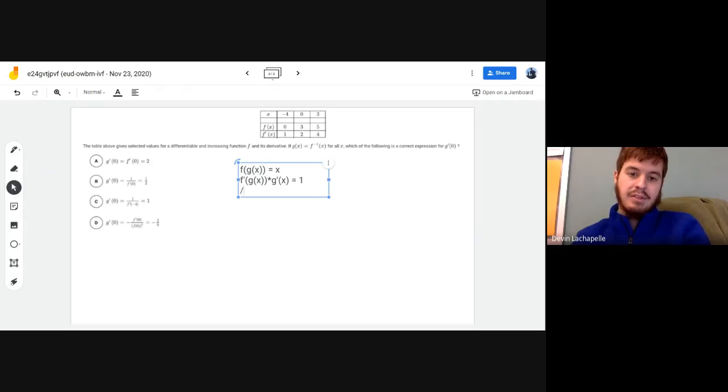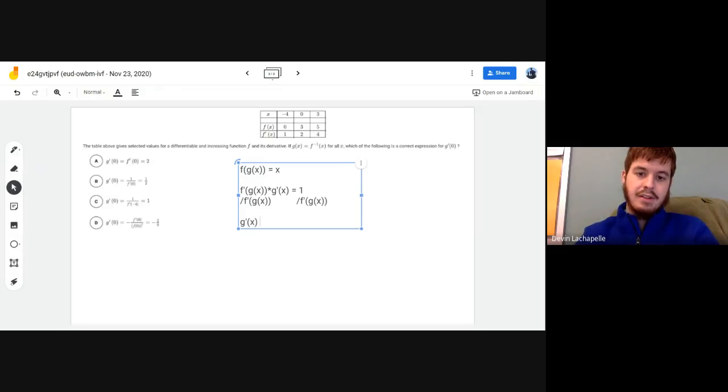I'm going to divide both sides by f prime of g of x, and I'm going to end up with g prime of x equals 1 divided by f prime of g of x.